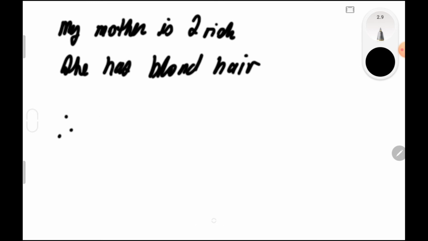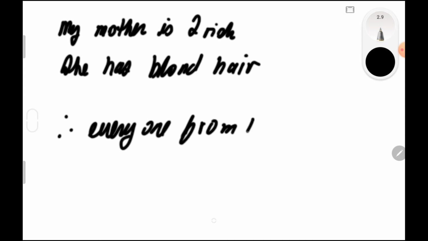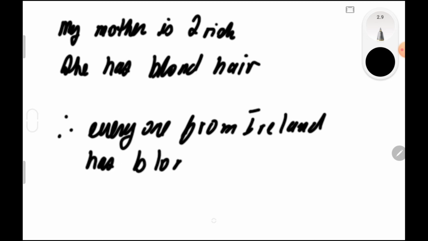Therefore, my mother has blonde hair. Everyone from Ireland has blonde hair.